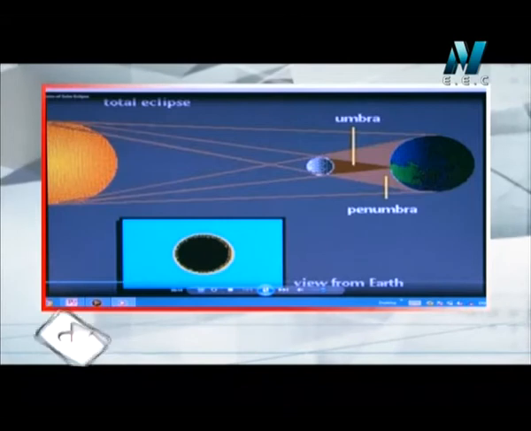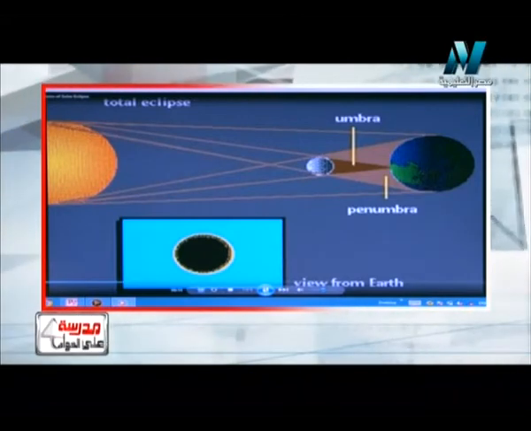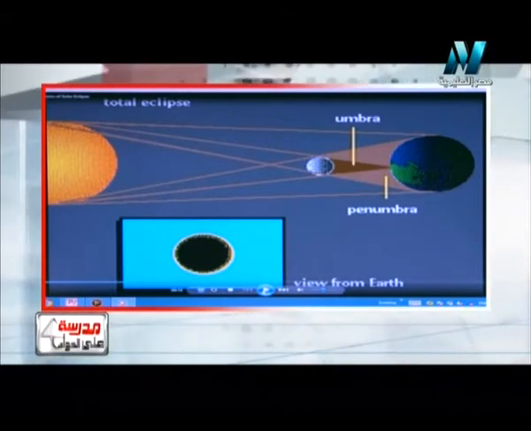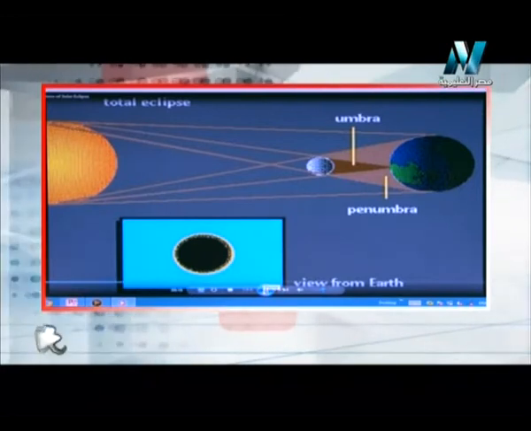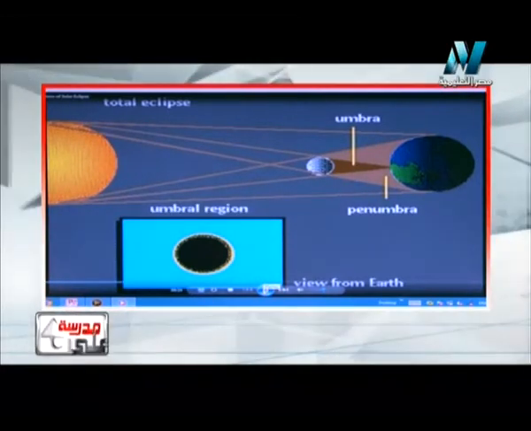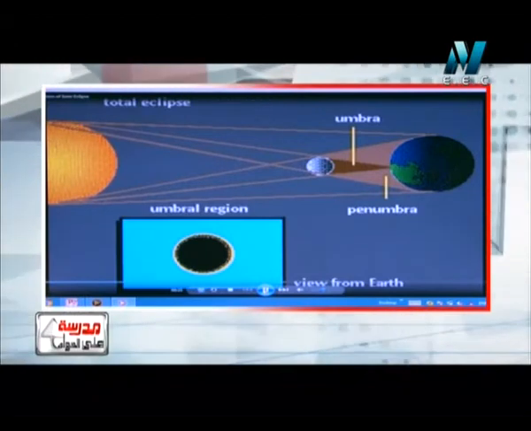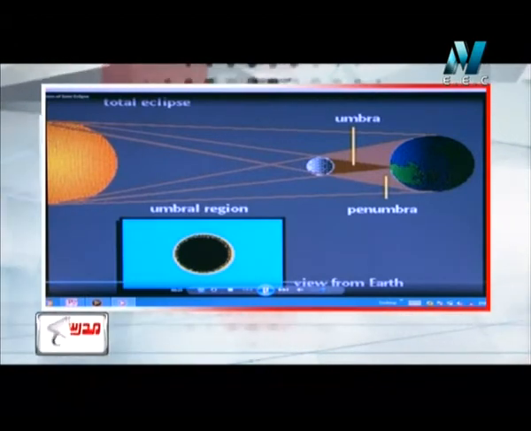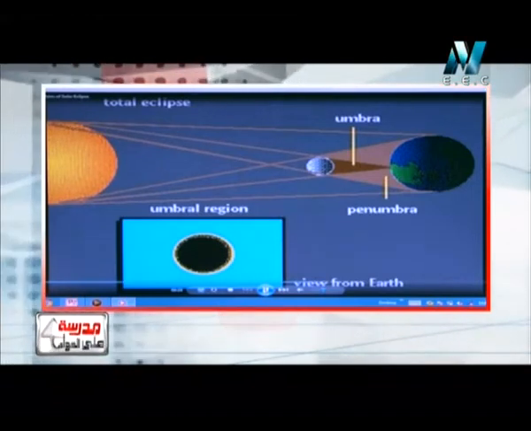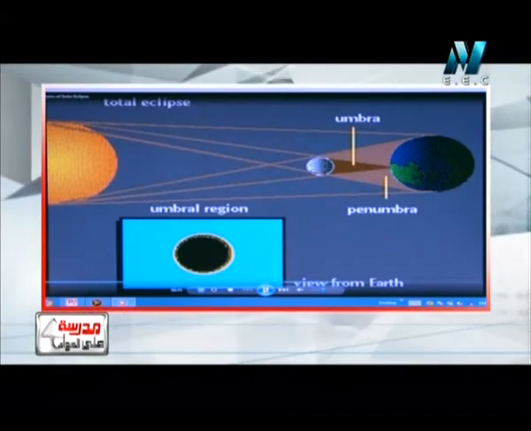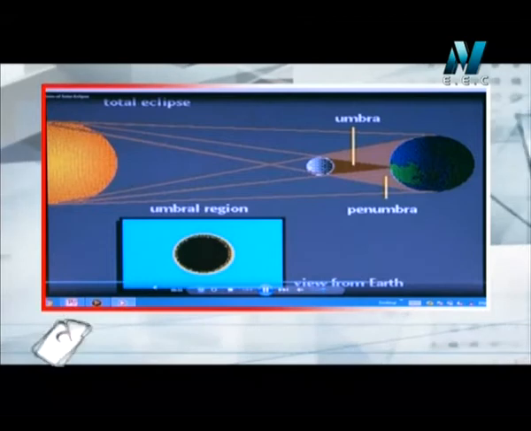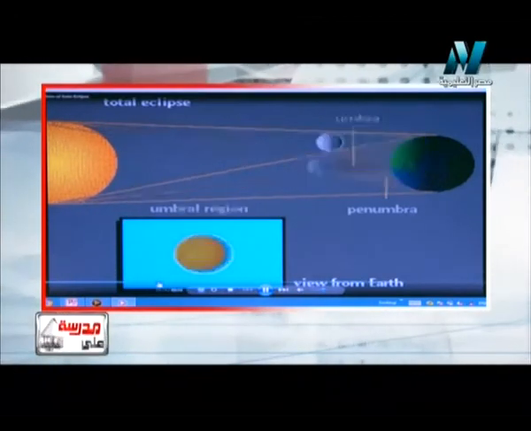When the moon covers only a part of the sun. Look here, this is the umbra region or umbra area, the shadow area. Here I cannot see anything of the sun, so it will be called total solar eclipse.